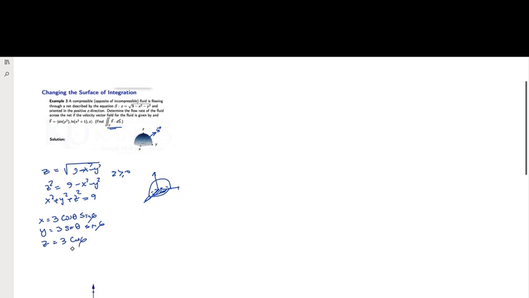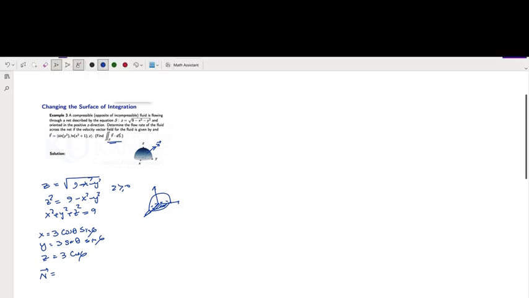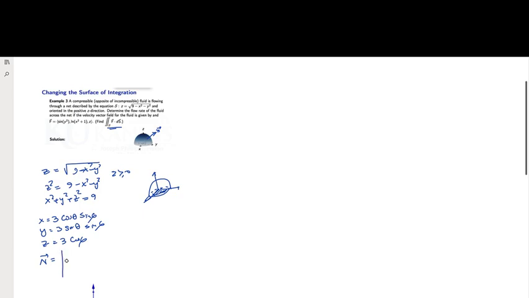Then I can find n, and n, as usual, is going to be, I can either do i, j, k with a plus or minus, and compute, if this is g, plus or minus g sub phi cross g sub theta, or g sub theta cross g sub phi.